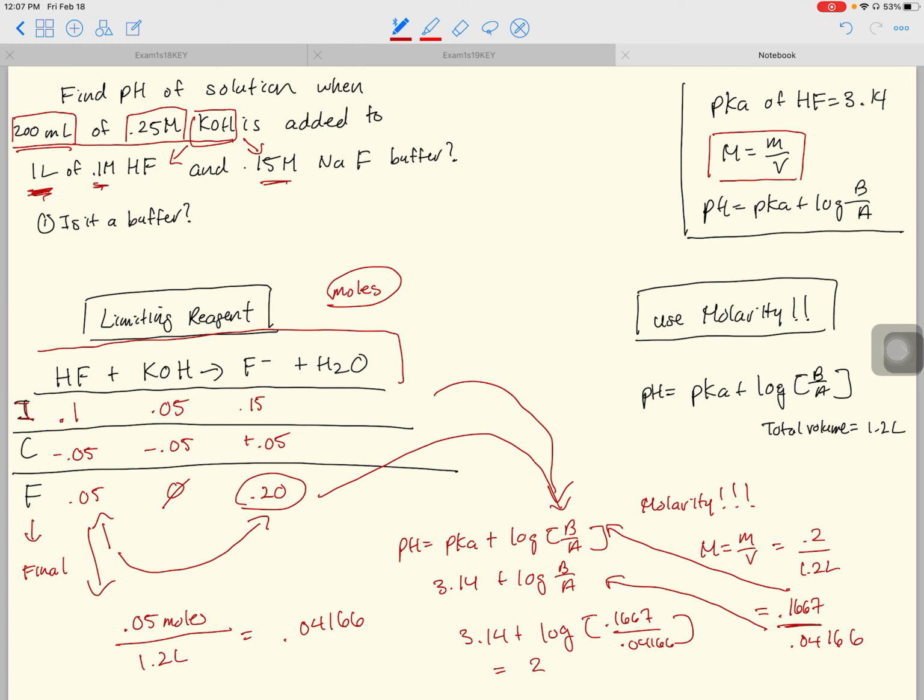I get 3.74. Sorry for the delay. Okay? And so I just want to do a quick recap. Whenever they say find the pH of a solution, you need to first ask yourself, what is my final concentration? And then, is it still a buffer?